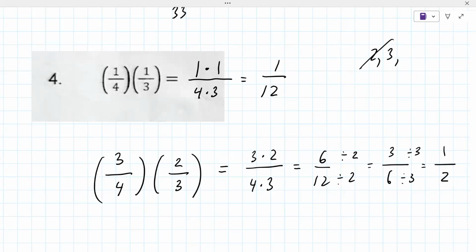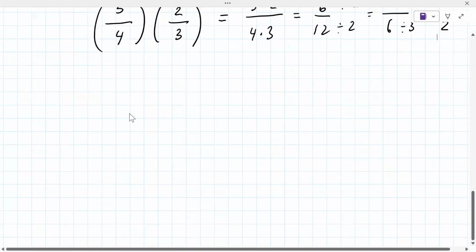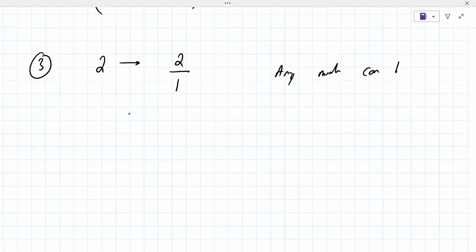Okay. So we'll do some more of those at some point. We'll get to number 3 here in just a moment, but a number like 2 can be written as 2 divided by 1. So any number can be written that way, like 6 divided by 1. So then it would be 60 over 5 if you did just the multiplication way like that.